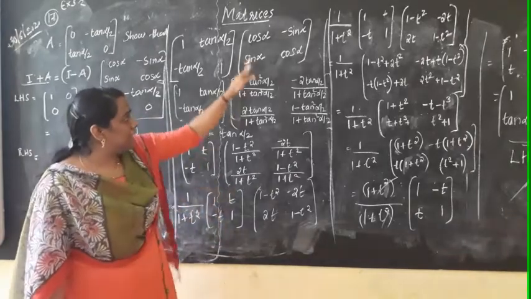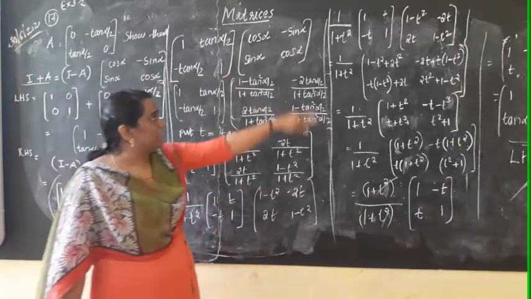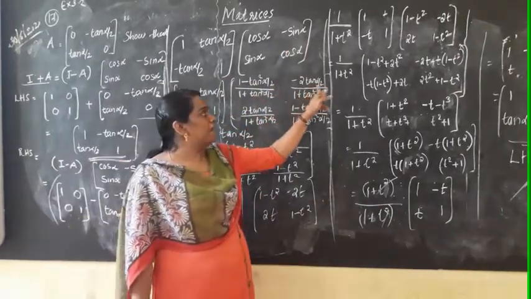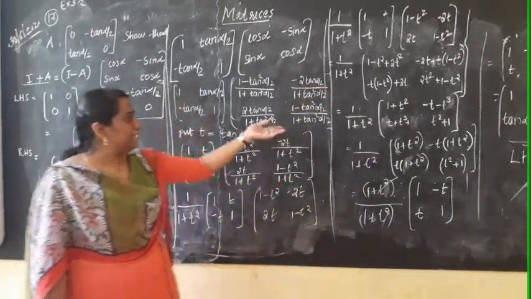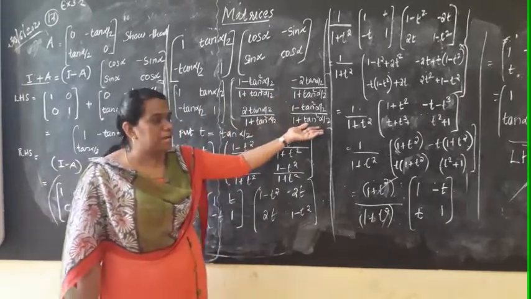How to write cos alpha? 1 minus tan square alpha by 2 divided by 1 plus tan square alpha by 2. Similarly sin alpha, how do we write sin alpha? 2 tan alpha by 2 divided by 1 plus tan square alpha by 2. Is it clear now? Now in this you can see the denominators are 1 plus tan square alpha by 2.